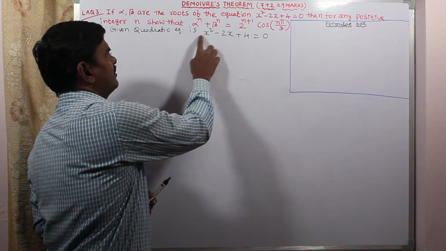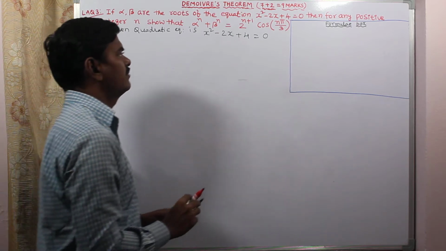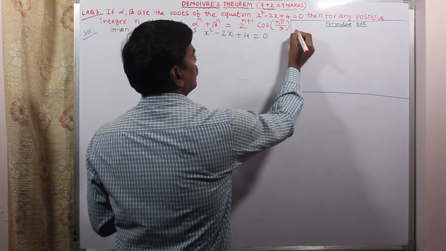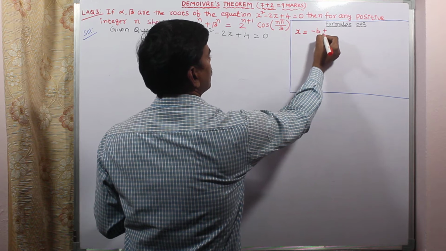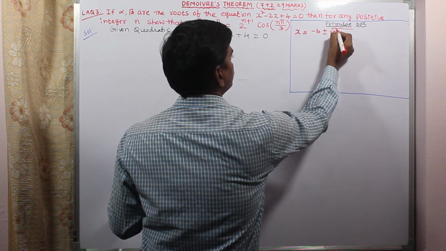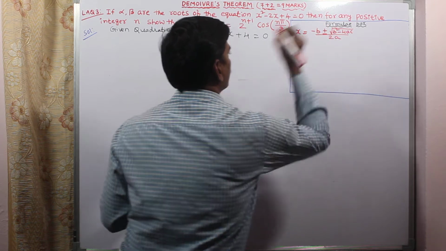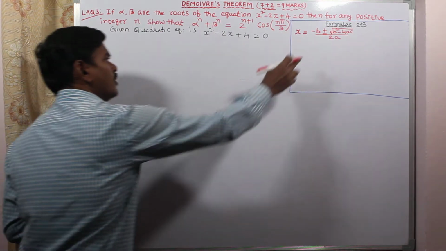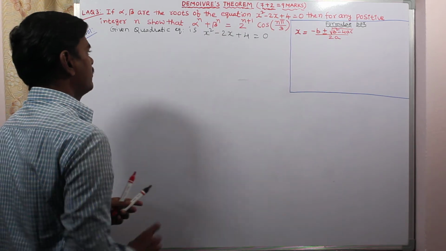Here we won't get factors, so it is better to go for the formula method. The formula for the roots of a quadratic equation is x equals minus b plus or minus root over b square minus 4ac, by 2a. Now by using this formula, we will find the roots.